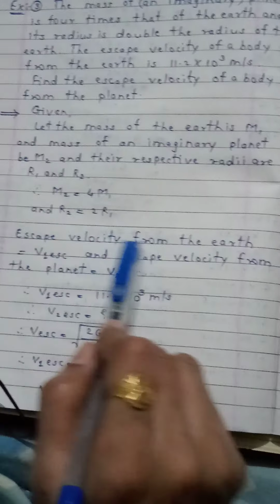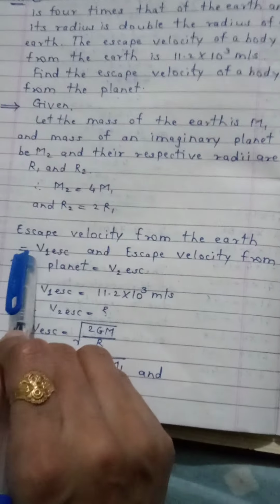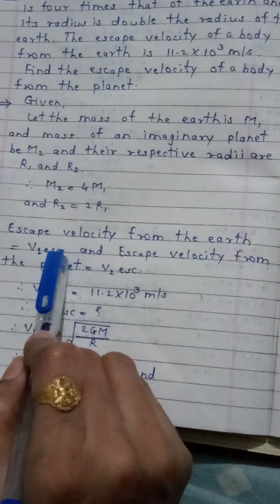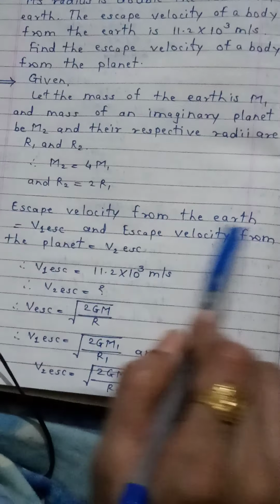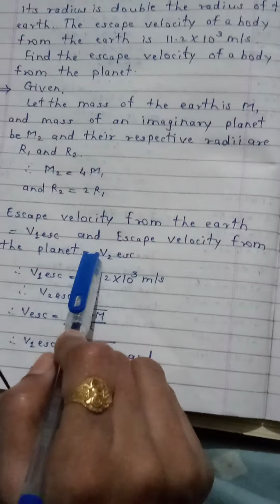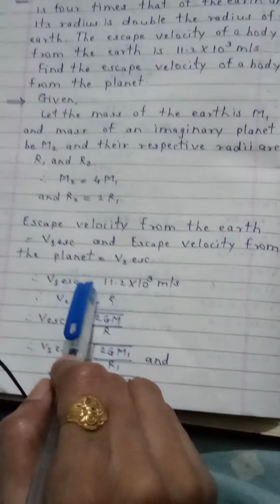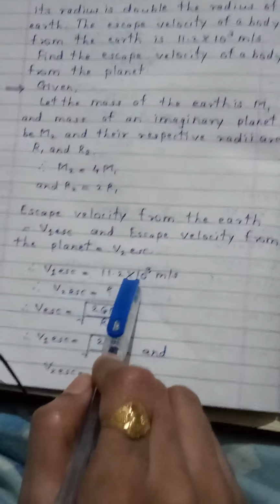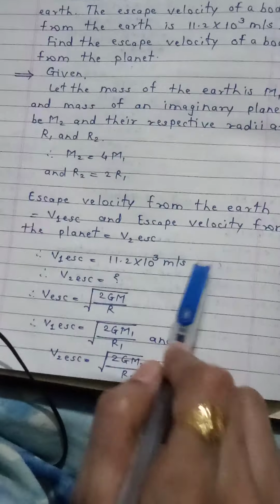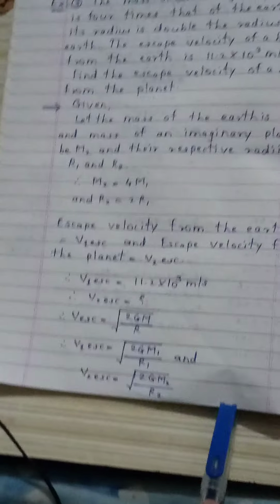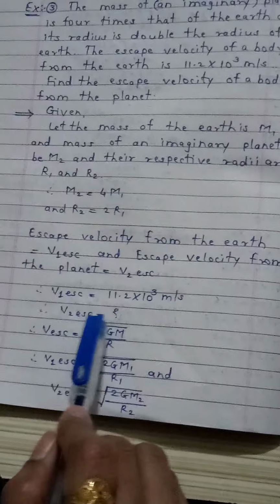Now, escape velocity from the Earth is v1 escape and escape velocity from the planet is v2 escape. So v1 escape is given as 11.2 × 10^3 meter per second. Therefore, v2 escape we have to calculate.